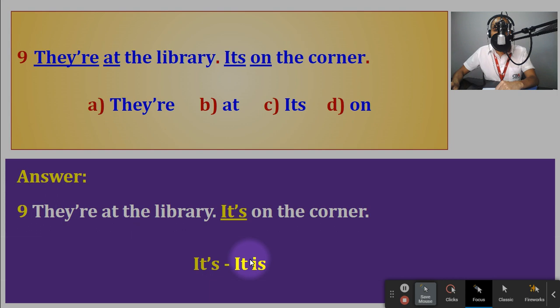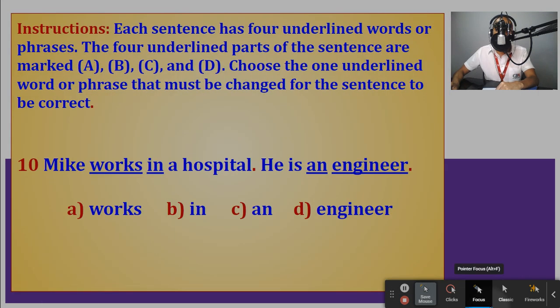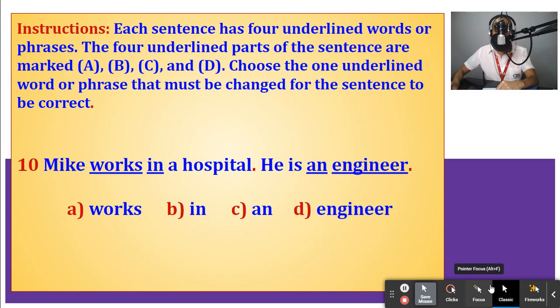Why? Because it's is the contraction of it is. In this case, it refers to the library. That's why I need to use it apostrophe s on the corner. Finally, we're going to do number 10. Please read number 10 and find a mistake. You have 20 seconds.